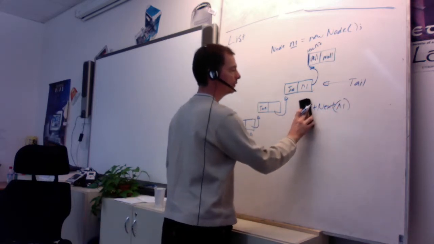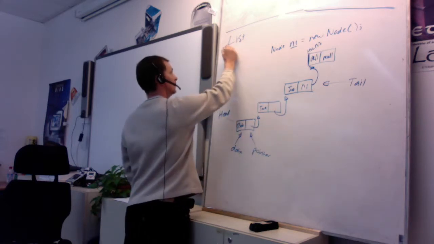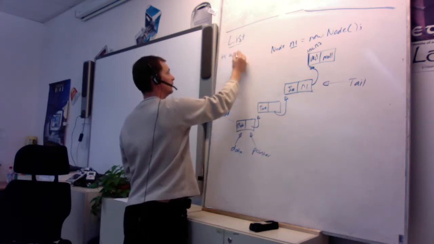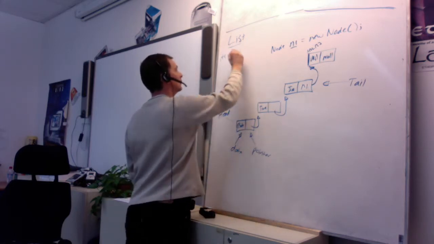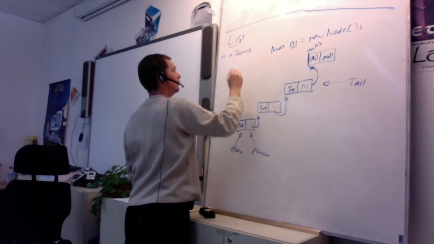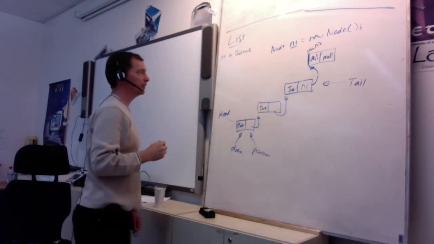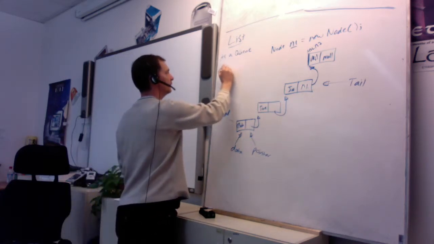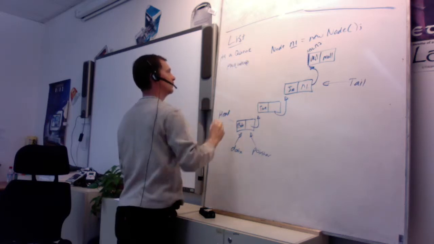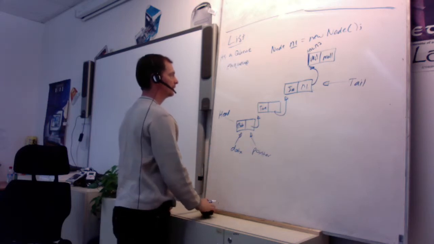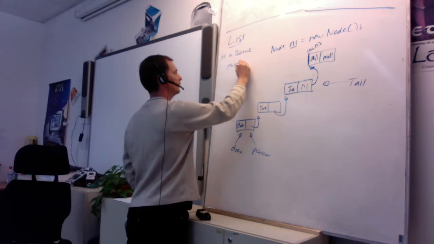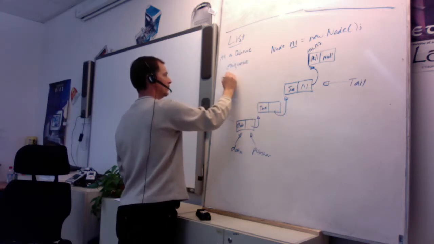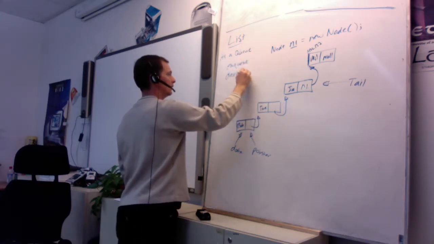So now to treat this list as a queue. Q-U-E-U-E. There are two things that we'll want to do to a queue. We'll want to add to it, which is enqueue, and take the first item away, which is called dequeue.